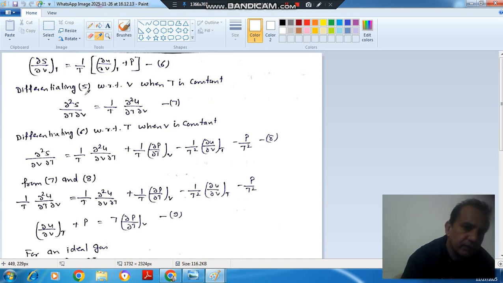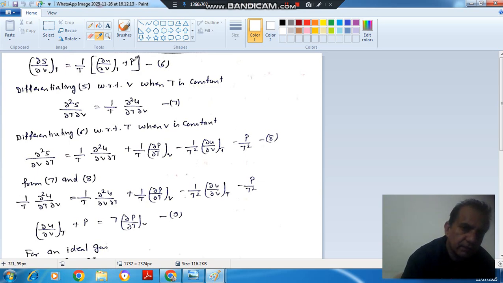If we differentiate 5, then on the right-hand side we will get 1 by T (∂²u/∂T∂V). So it's equation 7. If we differentiate 6 with respect to T, we will get 1 by T (∂²u/∂T∂V) plus 1 by T (∂P/∂T) at constant V.